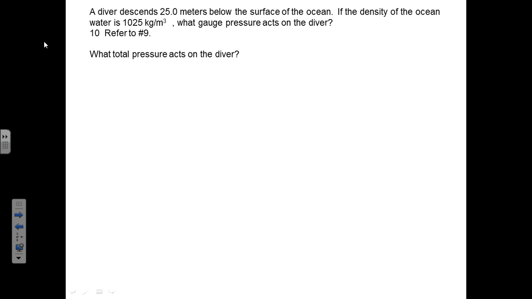All right, here we have a diver going 25 meters below the surface of the ocean. We know the density of the ocean water, salt water, is 1025 kilograms per cubic meter. We want to know what gauge pressure acts on the diver. The gauge pressure is the pressure only due to the water, ignoring the pressure of the air above it. To find the pressure due to water when you're under the water, we're going to use pressure equals density times gravity times height.